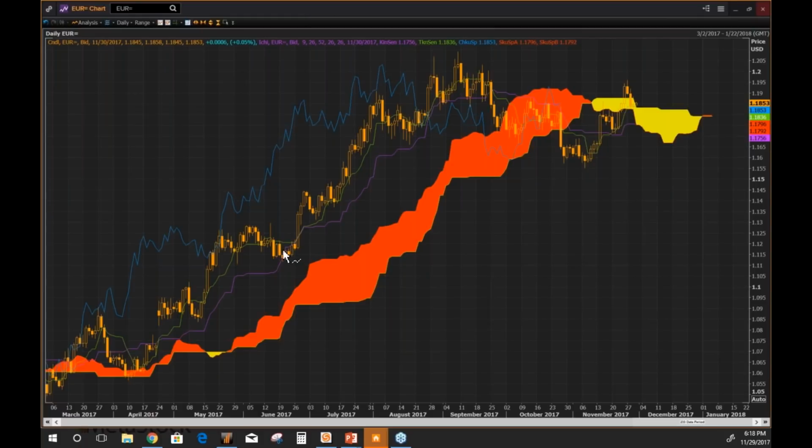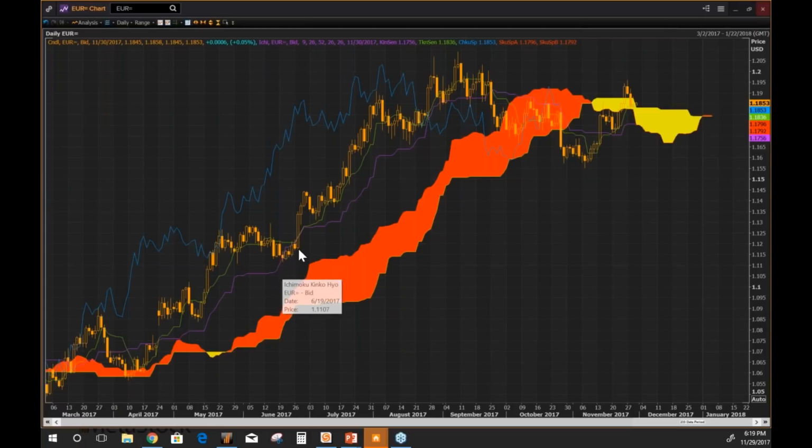For example, if I were trying to evaluate what should be going on here, I would technically be counting back here to see what's going on with the Chiku Span. But what ends up happening for so many people is that they start looking at where the Chiku Span is on the bar that they're looking at. And the Chiku Span really means nothing on the bar that you're looking at. It means something compared to the bars 26 periods ago.